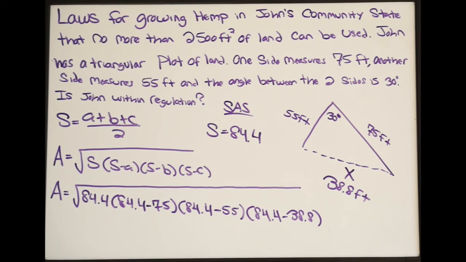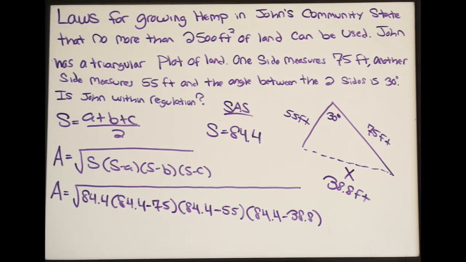I get the square root of 84.4 times 84.4 minus 75 times 84.4 minus 55 times 84.4 minus 38.8. Just take your time and make sure you put it in correctly because it is fairly long, and then you get the following.